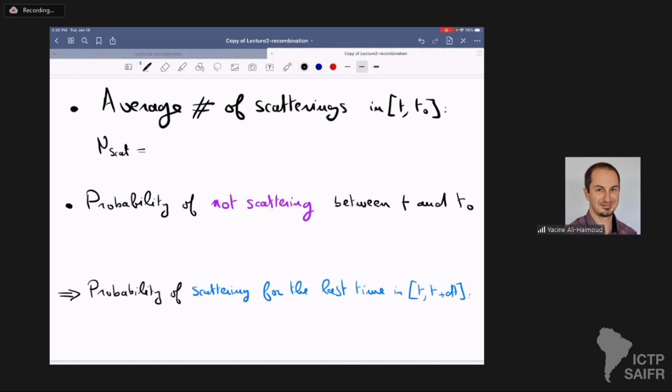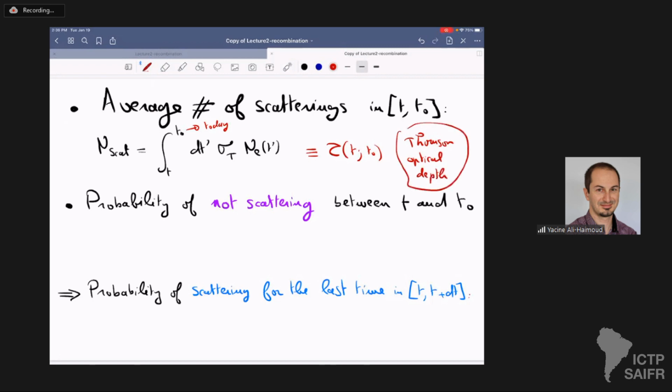For this average number of scatterings, I'm going to integrate over the probability of scattering in an infinitesimal time interval, i.e. the fraction of scatterings in an infinitesimal time interval. If t_0 here is taken to be today, this we denote as tau of (t, t_0), and this is the Thomson optical depth, just for a little bit of jargon.